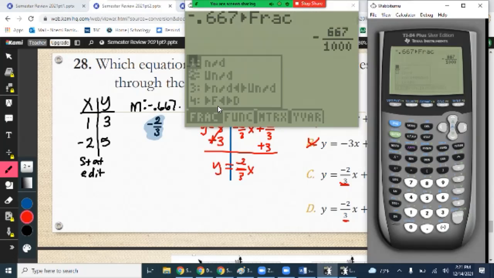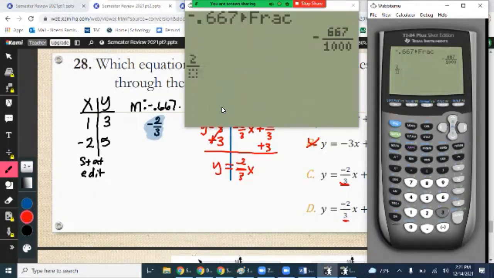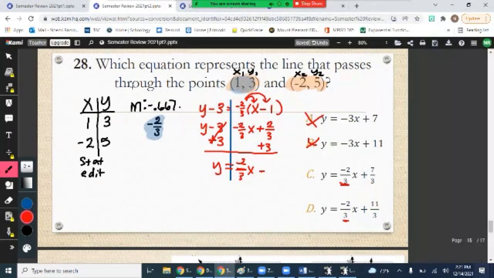Y equals 2 at the top, 3 at the bottom, plus 3 will give you 11/3. And what is my answer? D. Correct. D, 11/3.